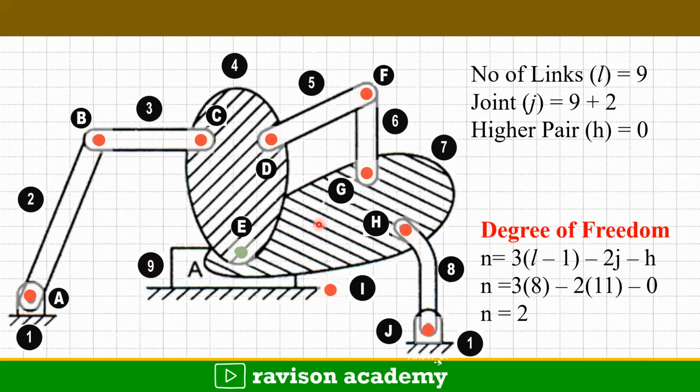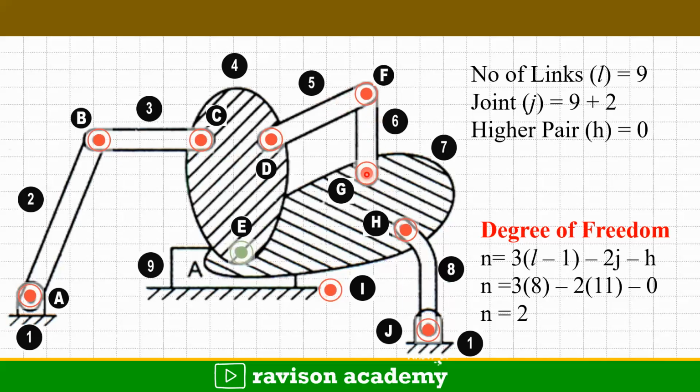Coming to the joints, they should be named in alphabets. A is a binary joint connecting 1 and 2. Similarly, B is a binary joint connecting 2 and 3. C is a binary joint connecting 3 and 4. D is a binary joint connecting 4 and 5. E is a ternary joint which connects 4, 7 and 9. F is a binary joint connecting 5 and 6.